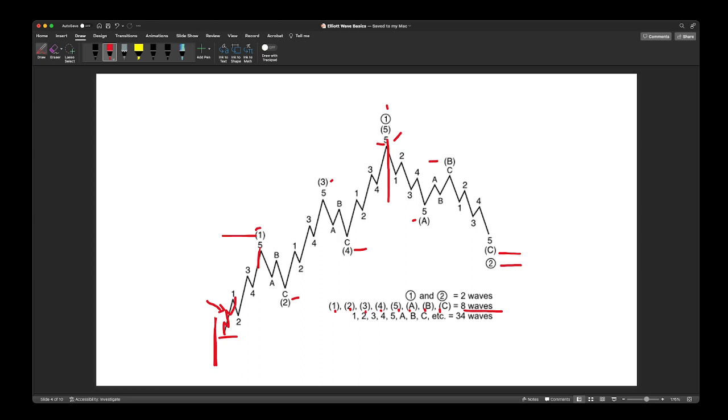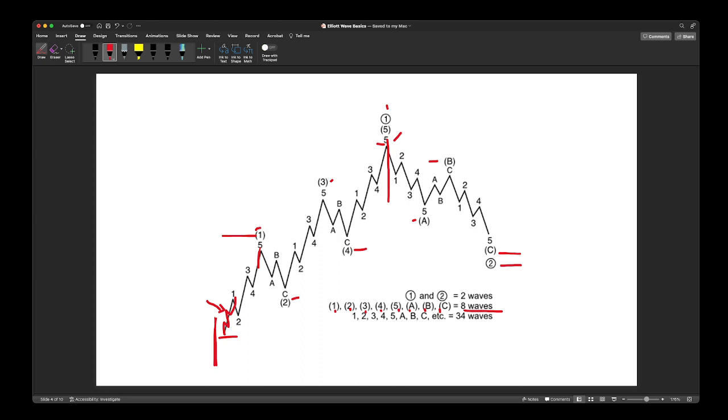You have the same 5-3 pattern. Whichever degree you're in, you're always going to have that 5-3 pattern. So when you're looking at different time scales, there's a difference between looking at the monthly candles when trading and the minute candles when trading. You have to go to different scales.